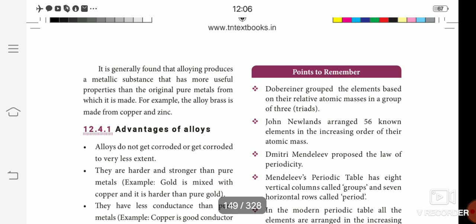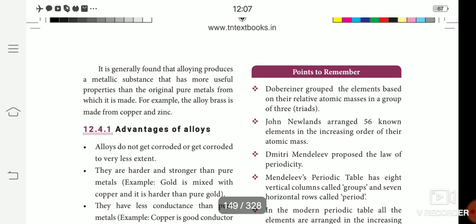Alloys also have good electrical conductivity because of copper. Brass alloy is copper and zinc, and bronze alloy is copper and tin.